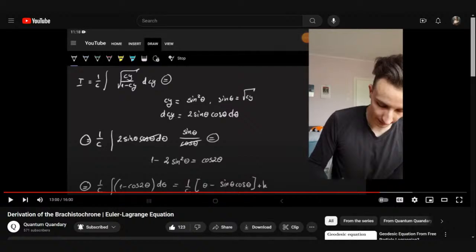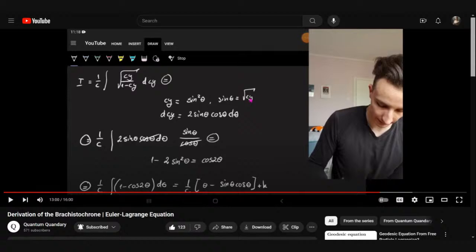So how do you convert theta to x and y? This is the relationship between y and theta. So we need to convert theta, sine theta, and cosine theta.